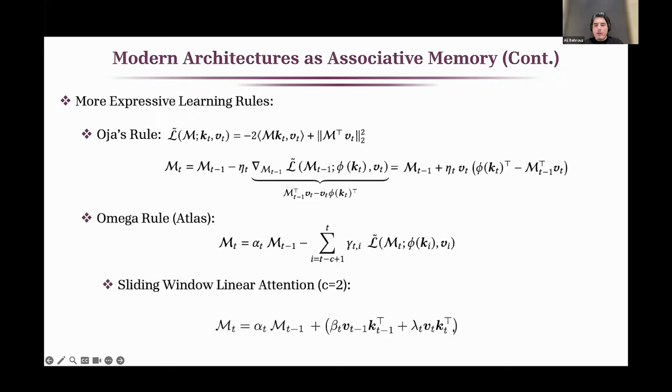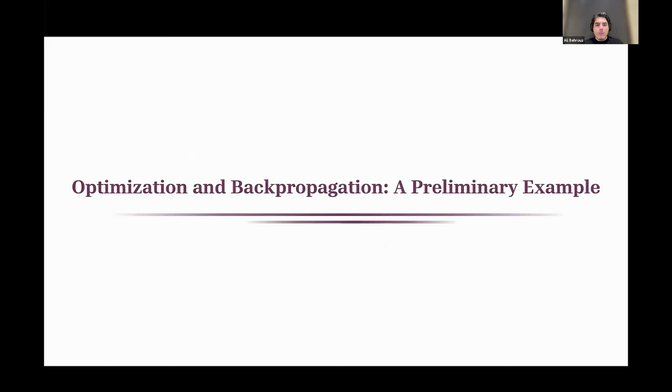Another way is that when you update your memory based on only VtKt, then you are updating the model based on a rank 1 update. But if you go to more tokens and cache them and update the model based on that, then you will come up with more powerful structures where the update is of arbitrary rank in this recurrent formula.